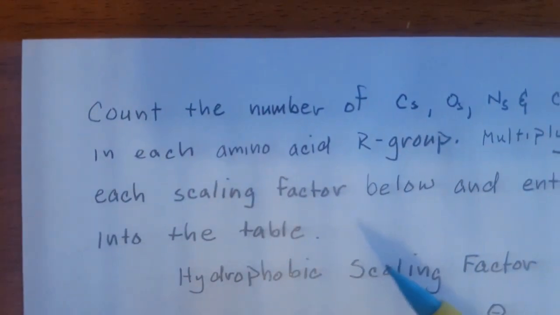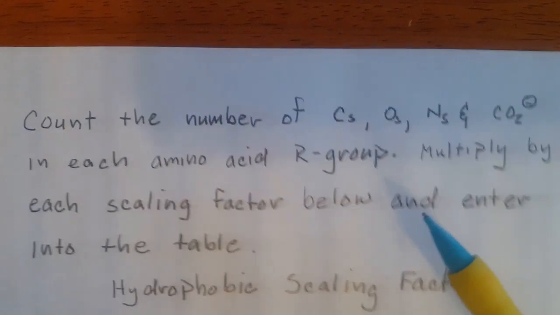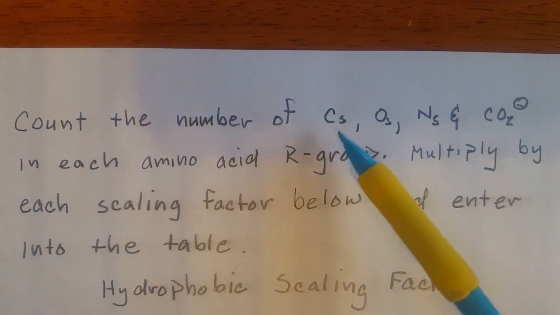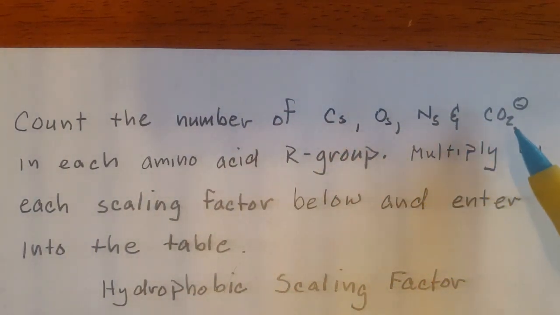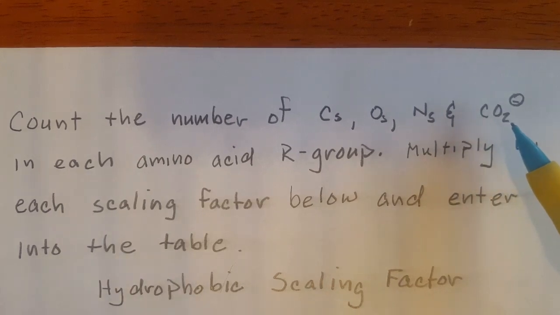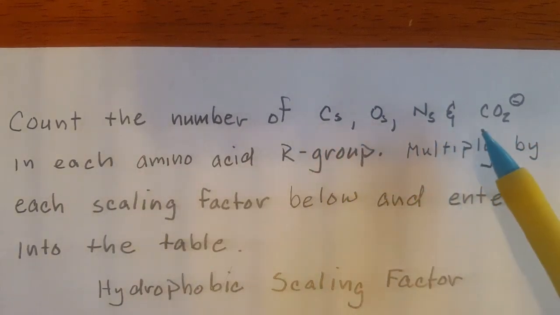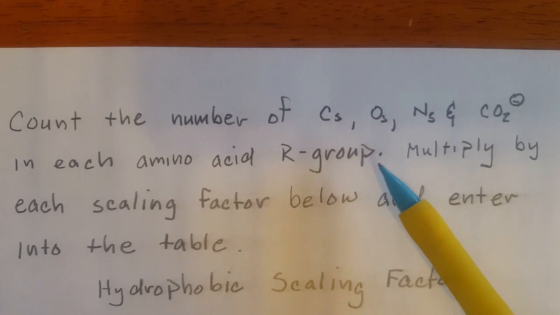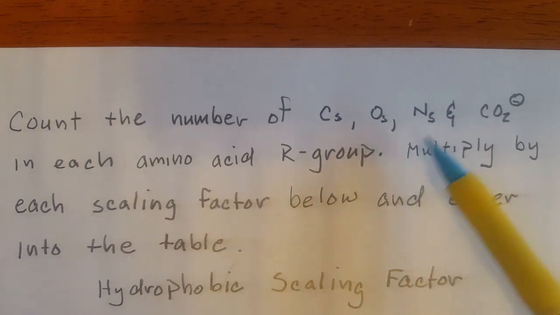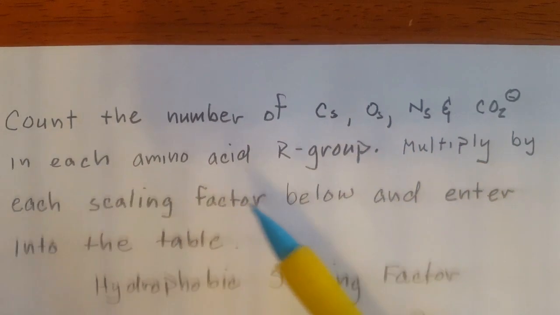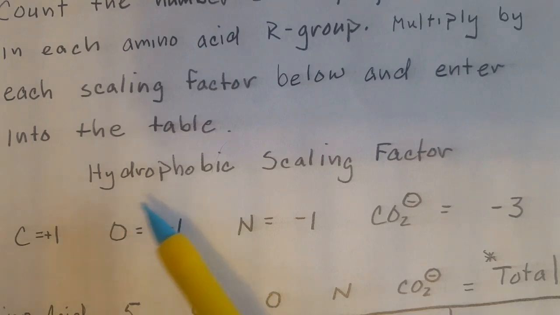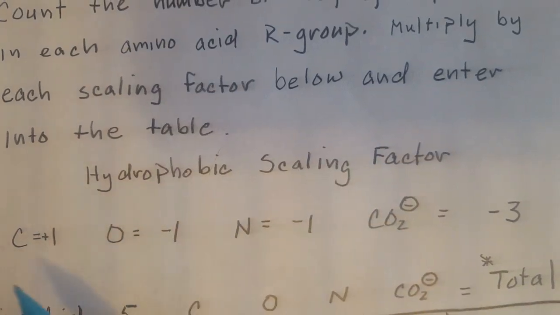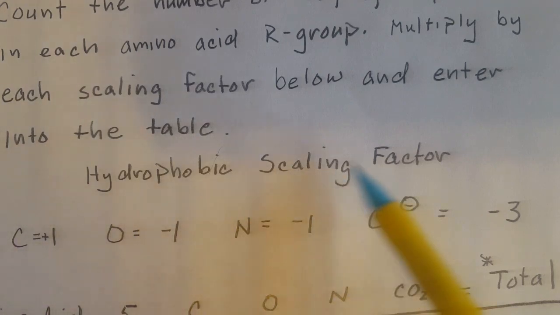So the way we're going to do this is that each R group is going to contain a carbon, oxygen, nitrogen, or a carboxylate group. And we're going to assign a polarity factor to each one of these R groups, a hydrophobic scaling factor. That is to say, if the R group contains a carbon, that's going to be a positive hydrophobic scaling factor.